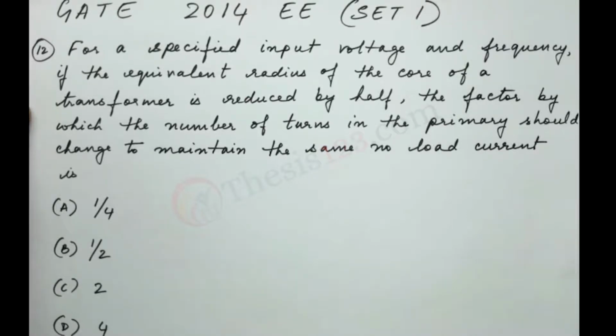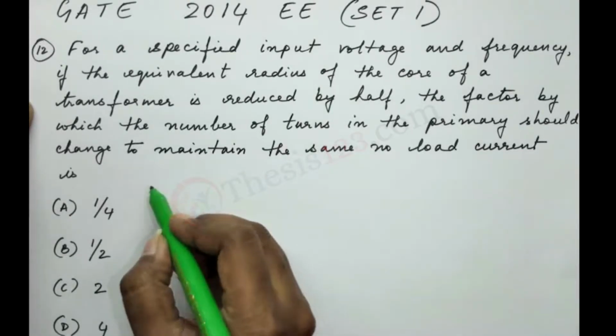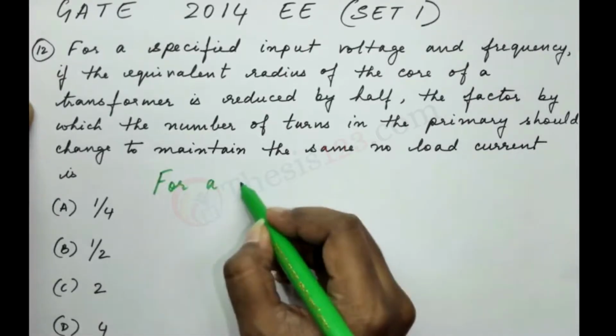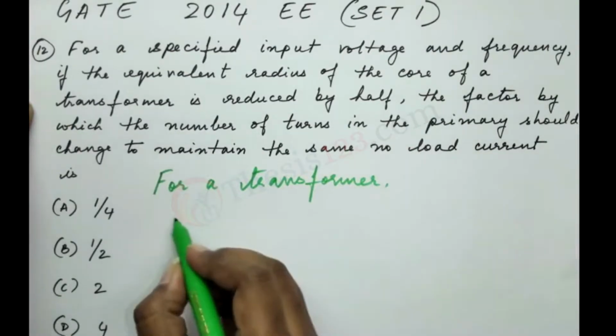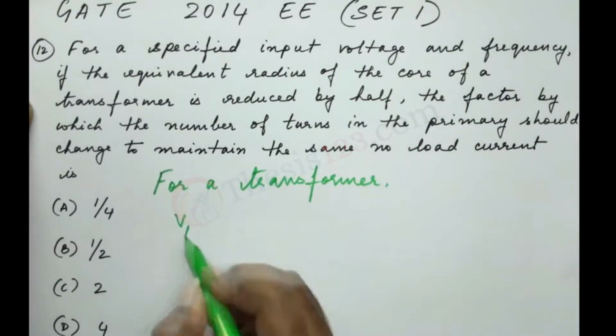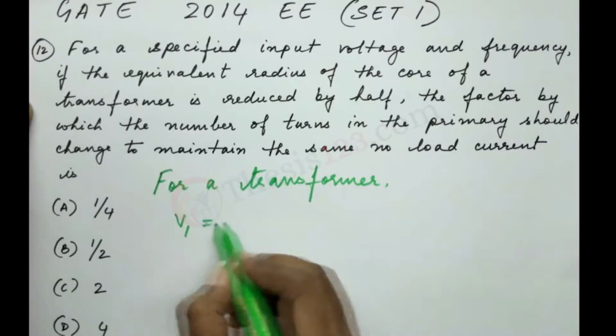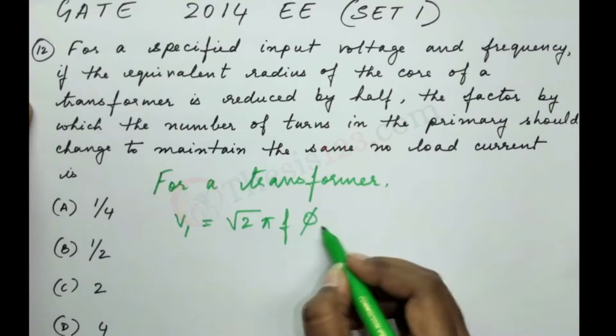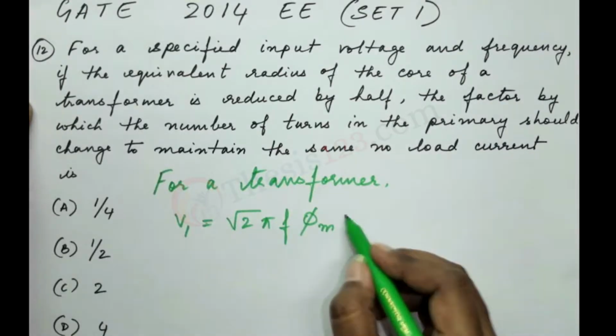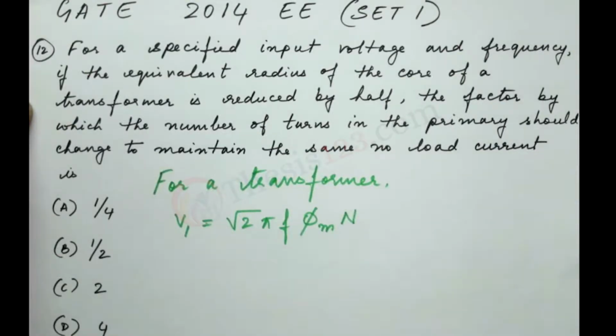Okay. Because the question talks about a transformer, let's first write down the voltage equation of a transformer. Please recall, for a transformer, the primary voltage V1 can be written as root 2 pi F phi m times N. Now here the flux phi m can be written in terms of area as well, right?